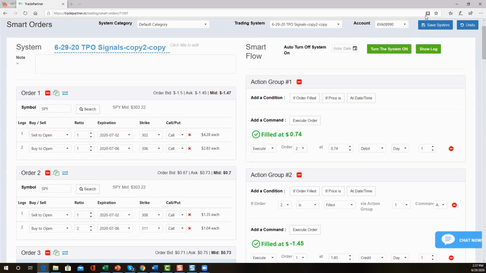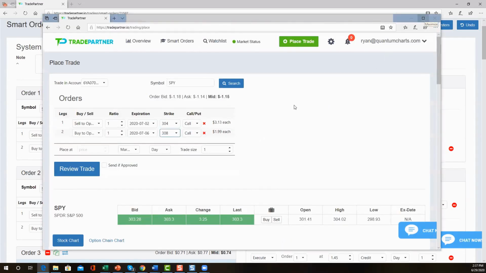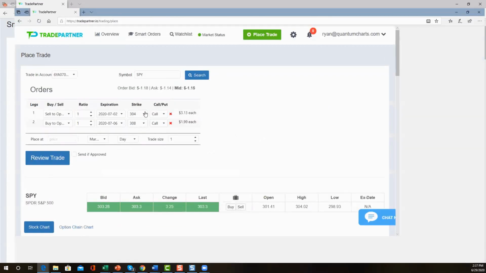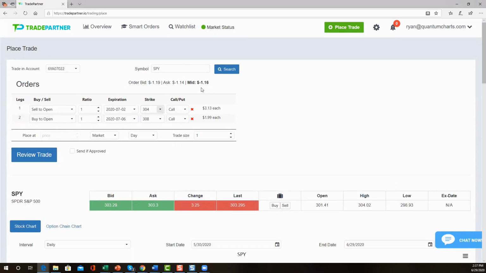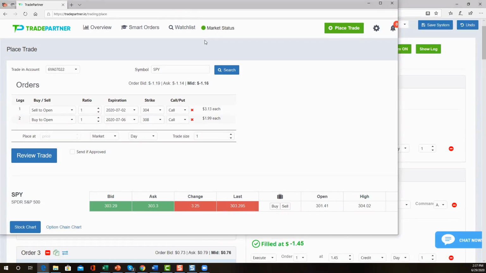Here we are. 304, 308, trading at a credit of 316. Then I'm going to go with a, let me see what I'm going to go with. See, I can't even get 310, 310, 313.